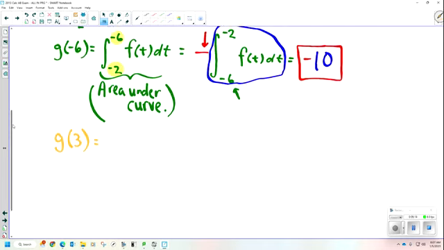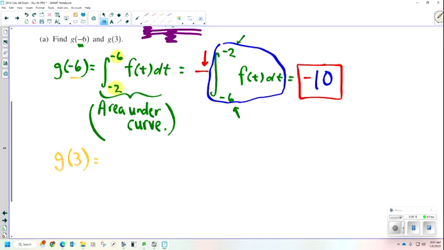I still need to put my value into my x value, okay, in my equation or function. So it's the integral from negative 2 to x. Well, my x is now 3 of f of t dt. And we've already established that we're still looking for area under the curve. This time it's going to go from negative 2 to 3. All right, so let's go back up to our graph.